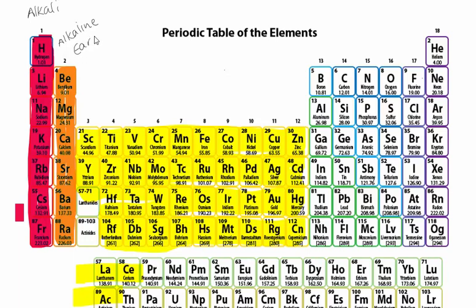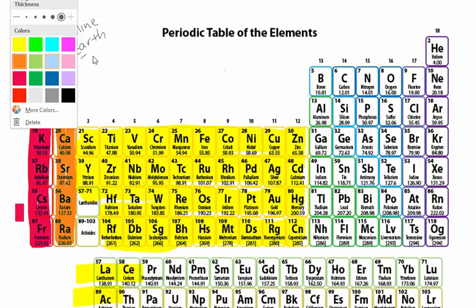So how can you remember alkali versus alkaline earth? Well, see the little 1 above the column and the little 2? Alkali is 1 word, but alkaline earth is 2. So that's an easy way to remember those two.